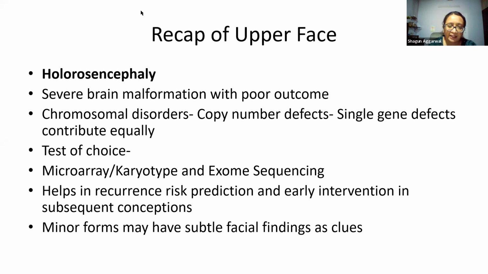In addition, we should also be thinking about doing an exome sequencing to look for the single gene etiologies. Because most of these patients are going to terminate their pregnancies, but the single gene types would have a very high recurrence risk. So it's very important to make a genetic diagnosis irrespective of what the couple decide.